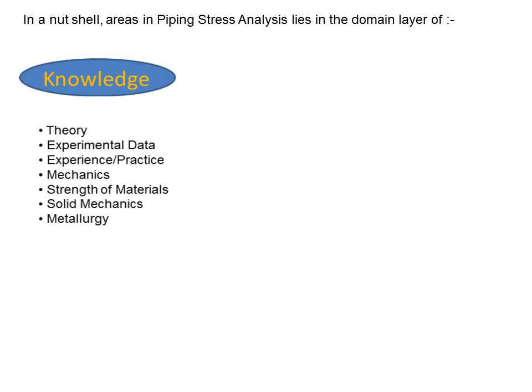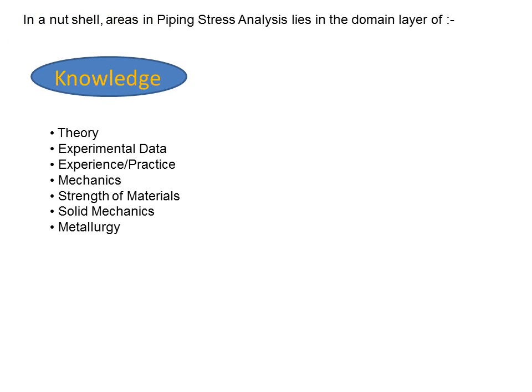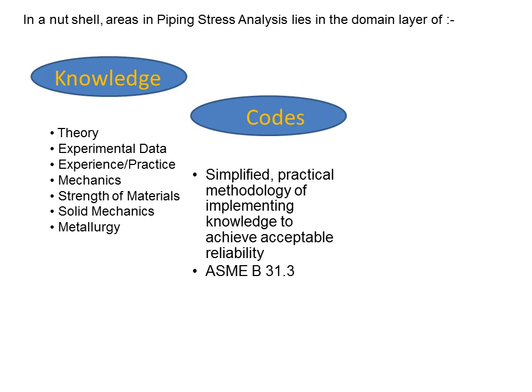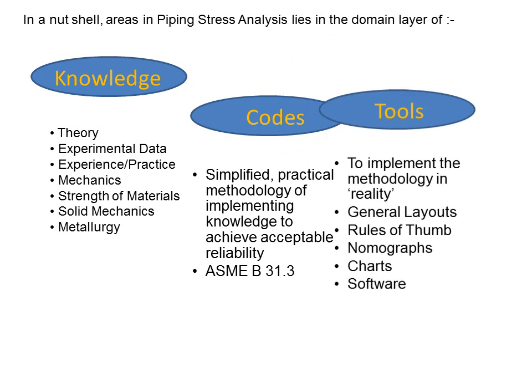In a nutshell, piping stress analysis lies in the domain layer of knowledge, comprising theory, experimental data, experience, practice, and the subject being studied. Codes are the simplified practical methodology of implementing the knowledge to achieve acceptable reliability, like ASME B31.3 for process piping.